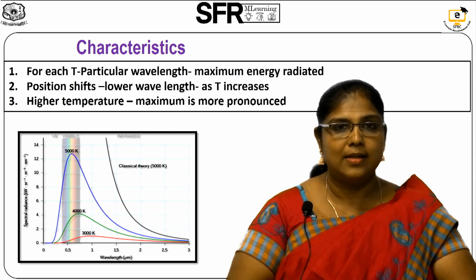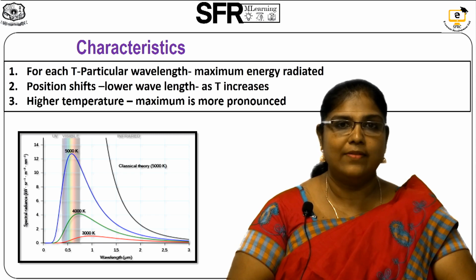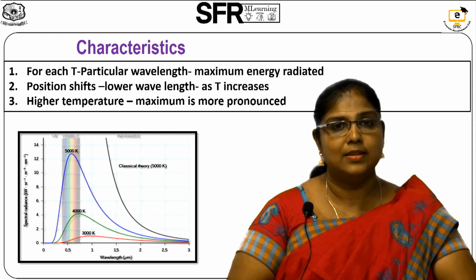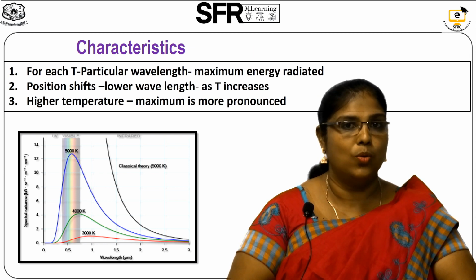There are three characteristics of the black body curves. First, at any particular temperature you will have a maximum wavelength at which the energy density is maximum. You can see in this graph that at 3000 Kelvin you have a lambda max, at 4000 Kelvin another lambda max, and at 5000 Kelvin another lambda max. You can clearly see that the position of lambda max shifts towards the lower wavelength as the temperature increases.